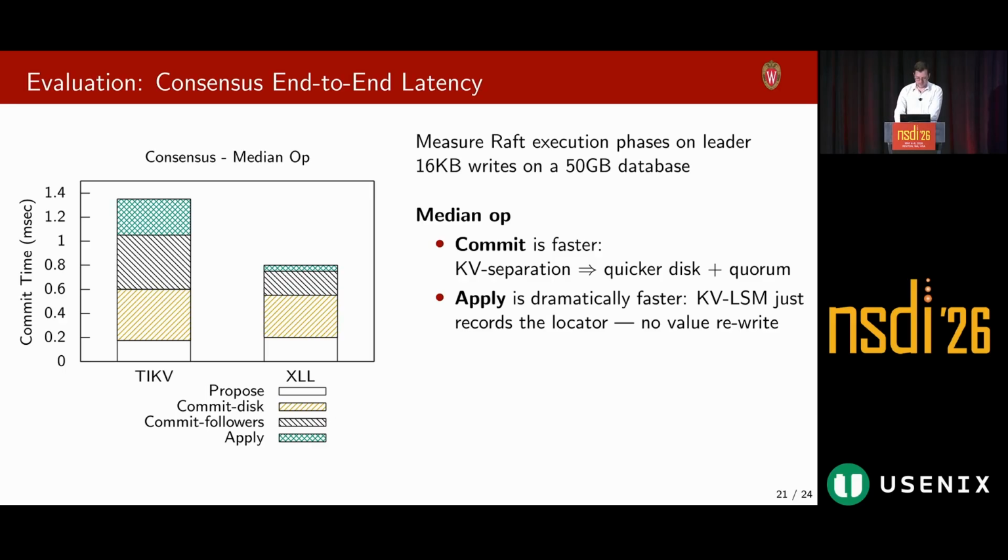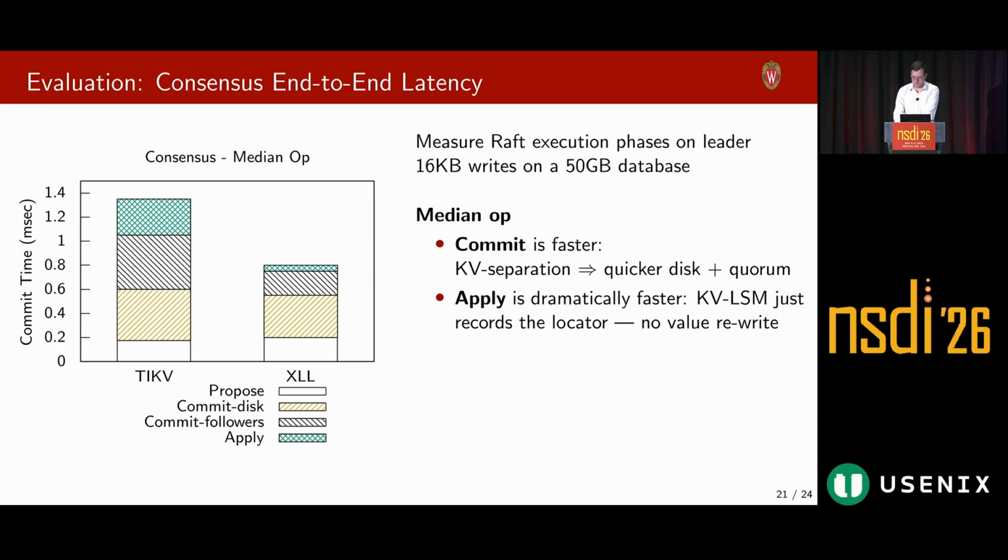Looking at the end-to-end latency of a command during the entire consensus, we measure 16 kilobyte writes and look at the median operation. And we find in XL, the median operation is much faster. Commit is a little bit faster because KV separation makes for quicker disk operations, quicker disk writes, including from followers.